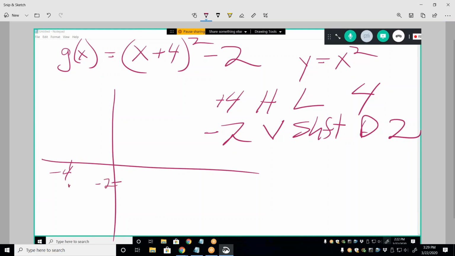There is no stretch factor. As long as you get that point on, you're probably going to get it right. That point is at minus 4 comma minus 2.